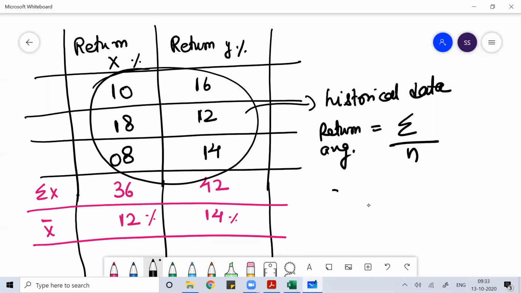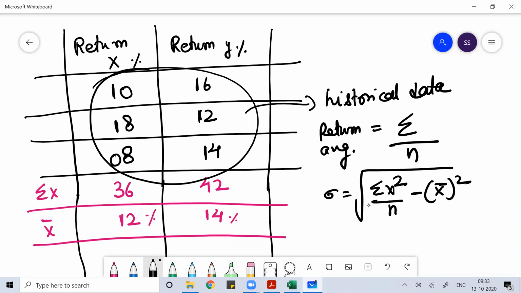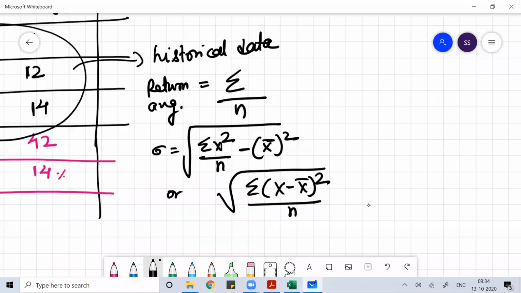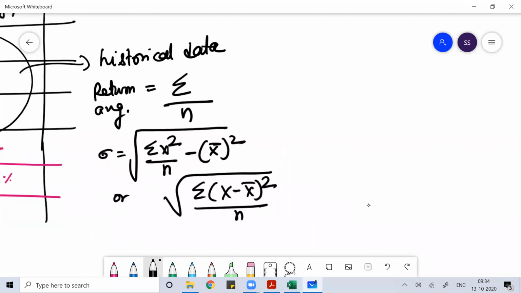The standard deviation would be either the formula sum of x square by n minus x bar square, or sum of x minus x bar whole square by n. You use these formulas whenever historical data is given.